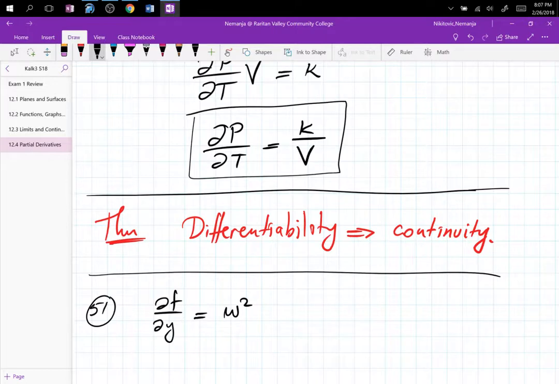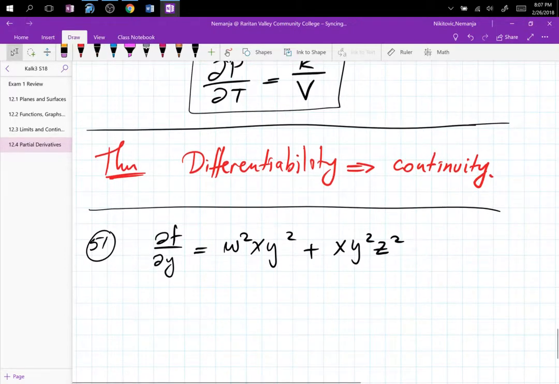W squared xy squared plus xy cubed z squared. Oh my god, what am I doing? Find the partial derivative of this. I completely wrote the wrong notation there.